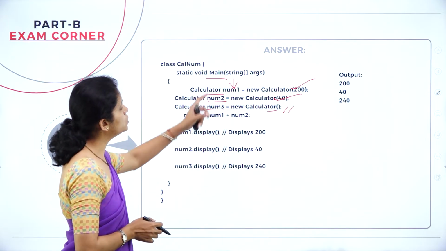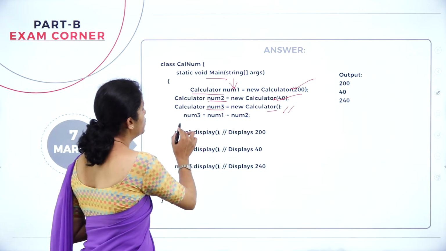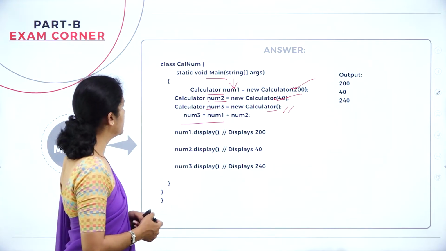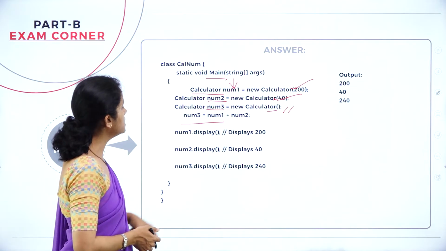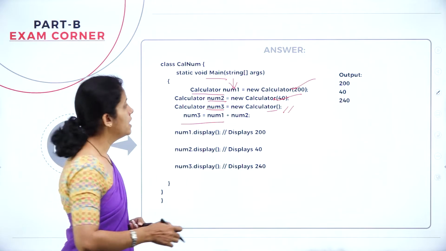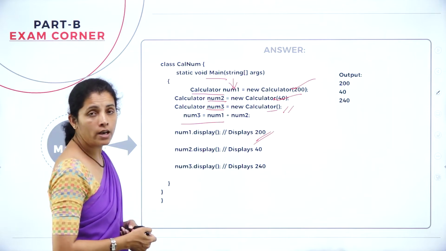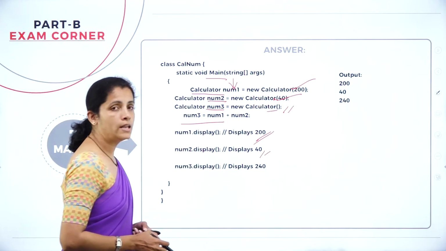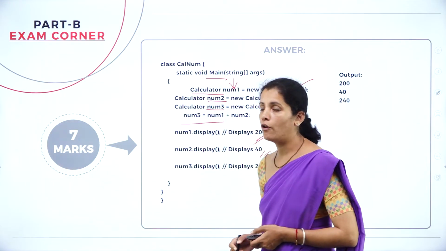And these 2 values are for the parameterized constructor, and I'm going to add num1 and num2. And I'm trying to display the num1 value, num2 value as well as the num3 value. So when I call num1.display, I'm going to get the answer 200. And when I call num2, I'm going to get the answer 40. And when I call num3, 200 plus 40, it is 240.